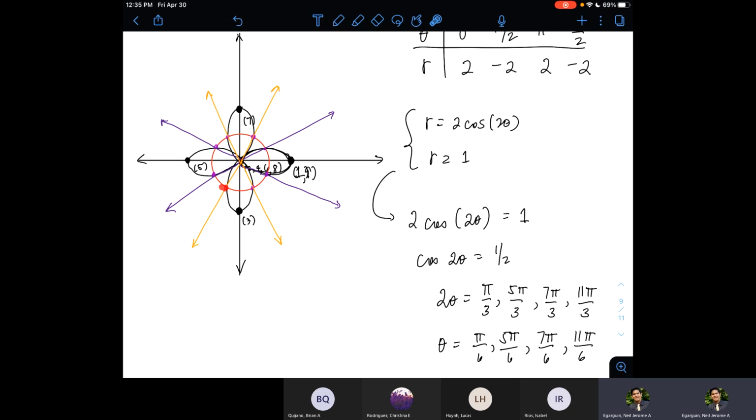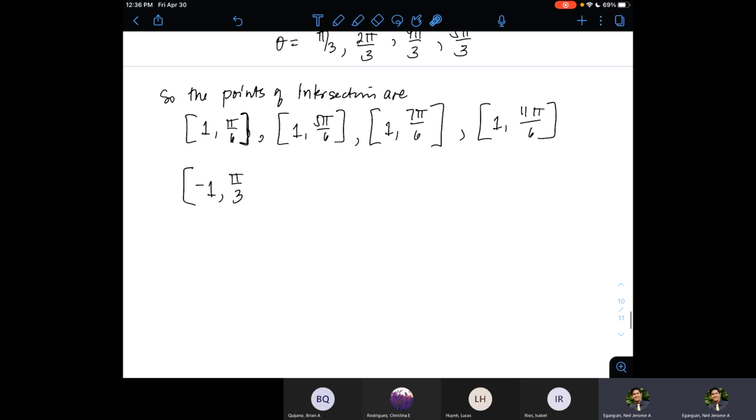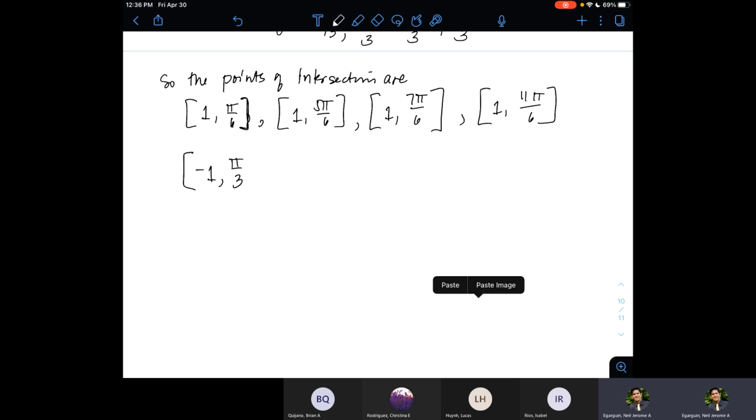And this is what I'm telling you earlier, that polar curves do not behave as how they look, because here you will assume that your angle is pi over 3, right? But actually the point with theta equals pi over 3 occurs here, right? So that's why we need to be careful and do not rely on the graph alone, okay?